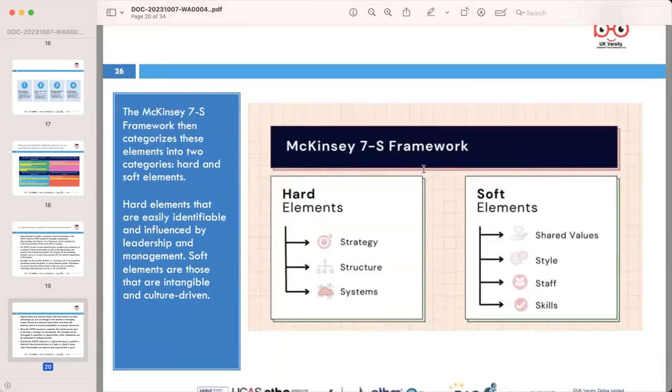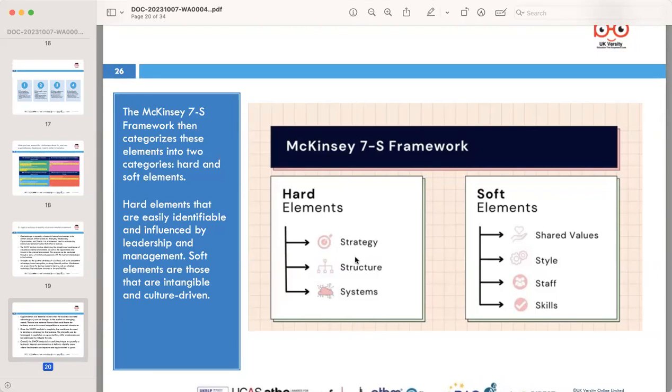The McKinsey 7S framework then categorizes these elements into two parts: hard and soft. Hard elements are easily identifiable and influenced by leadership and management. Soft elements are intangible and culture driven, often requiring a more specific approach.